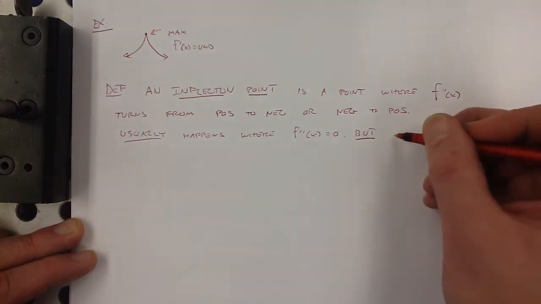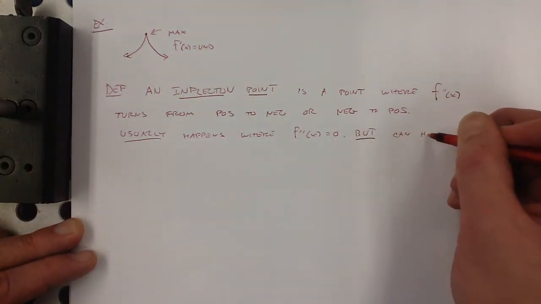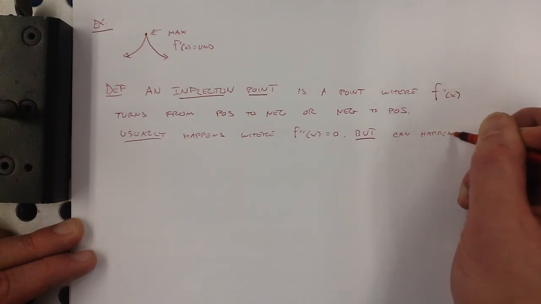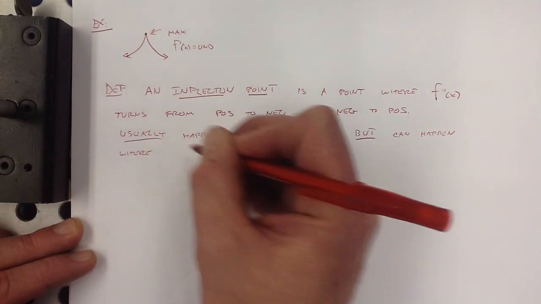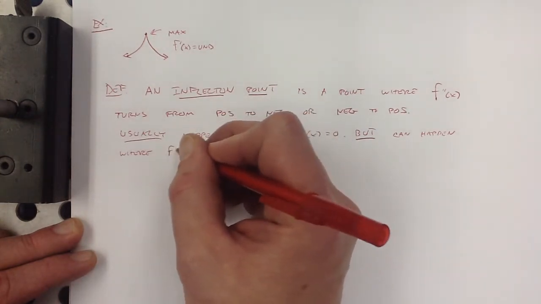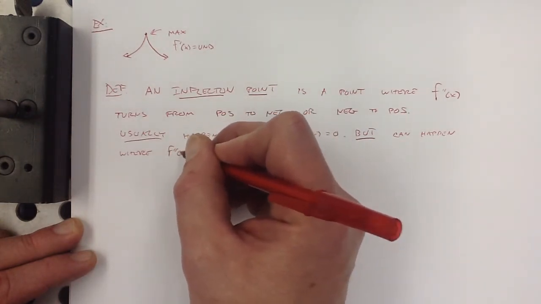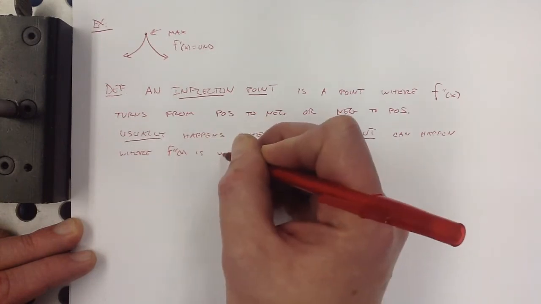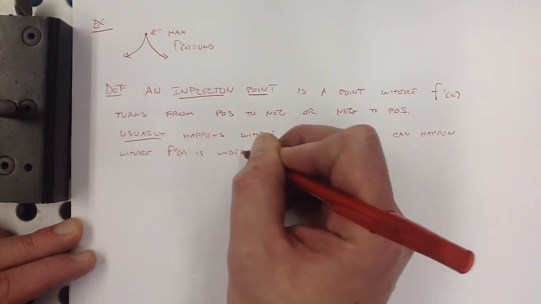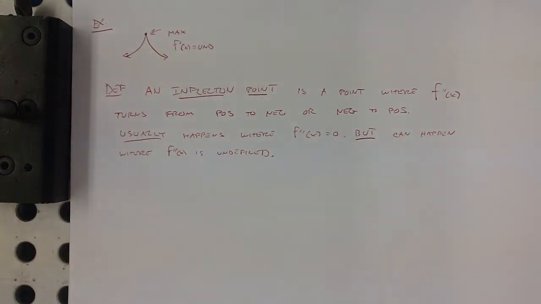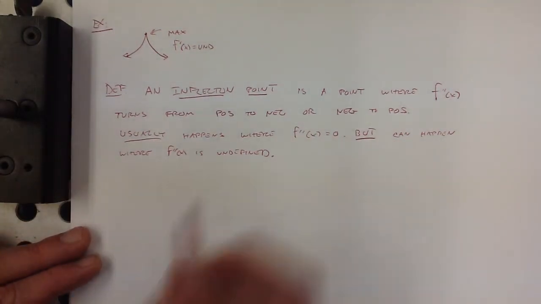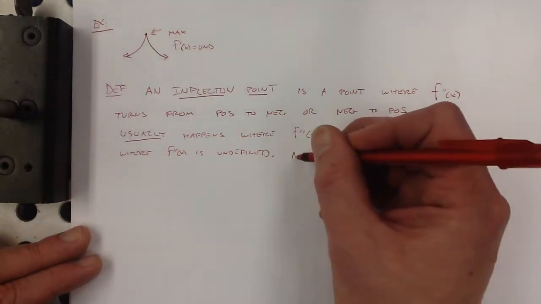But it can happen where the second derivative is undefined. Okay? Usually it happens where the second derivative is 0, but it can happen where the second derivative is undefined.